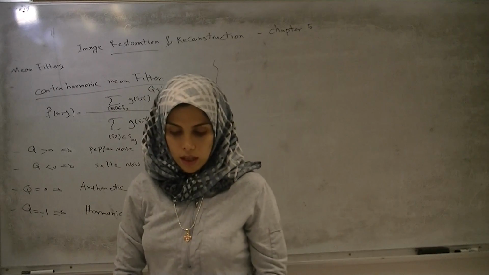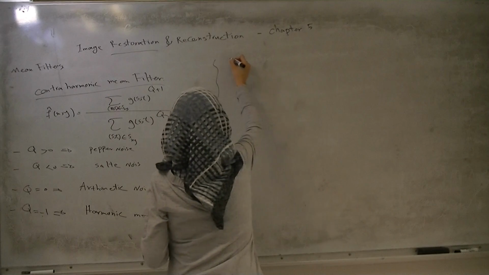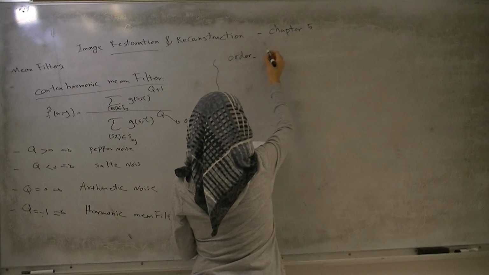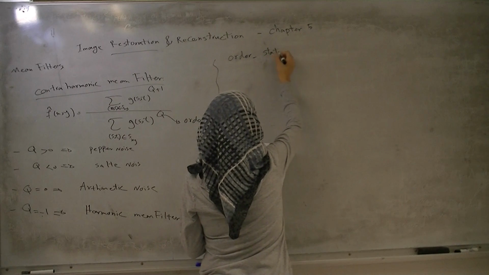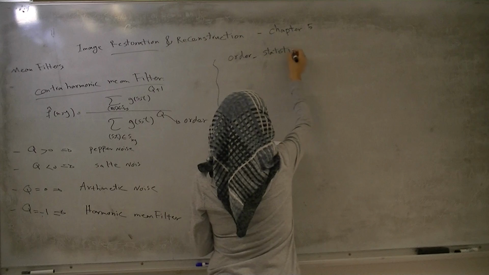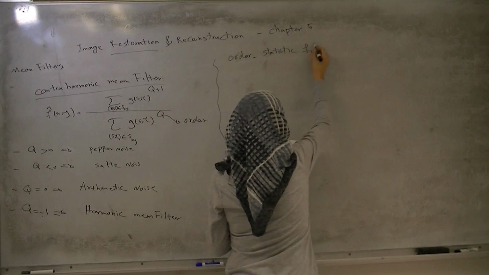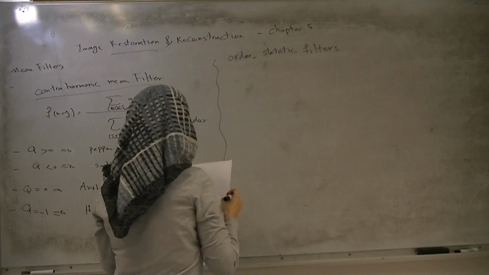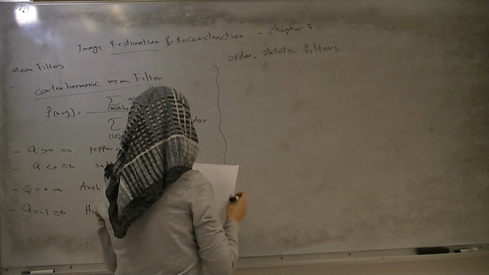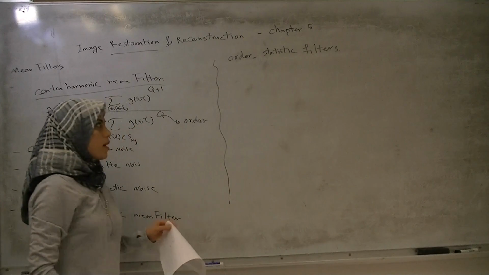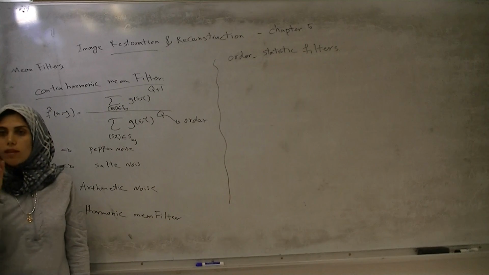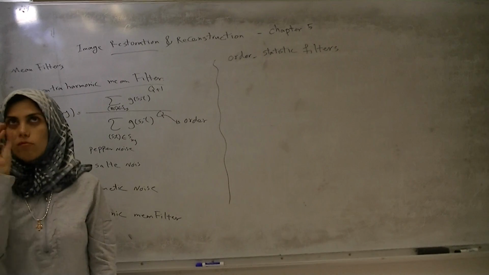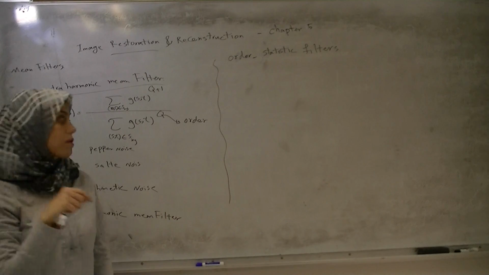We call them order statistics filters, and they are non-linear filters, based on the ordering of the pixels, related to the position of the pixel in the image or in the sub-image.